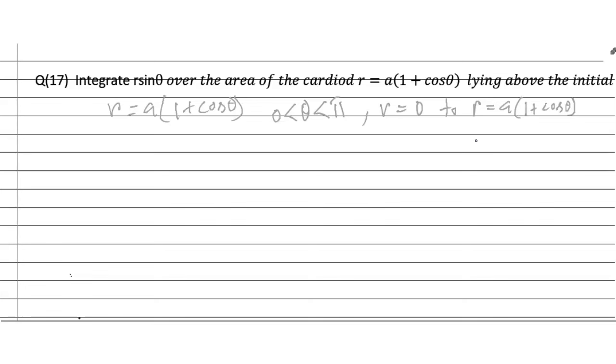Then the required integral, the area, equals double integral r sine theta into dA. So this value is 0 to pi into 0 to a into 1 plus cos theta, r sine theta into r into dr into d theta.